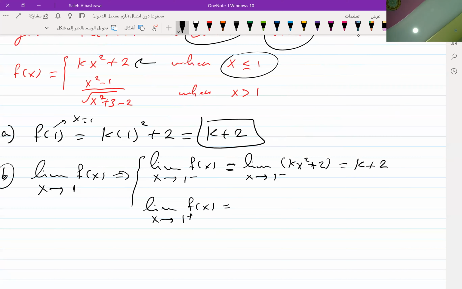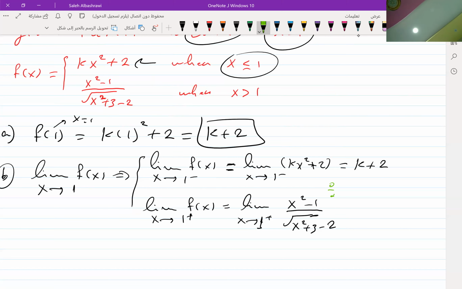For the right limit, this is the limit of x squared minus 1 divided by square root of x squared plus 3 minus 2, where x goes to 1 plus. Now for this one, if we replace x by 1, I will have 0 over 0, which means I have to simplify it.